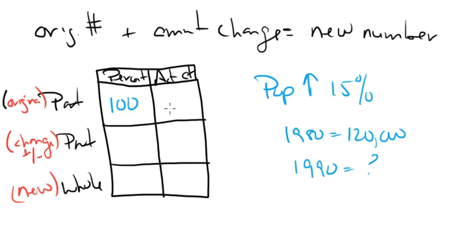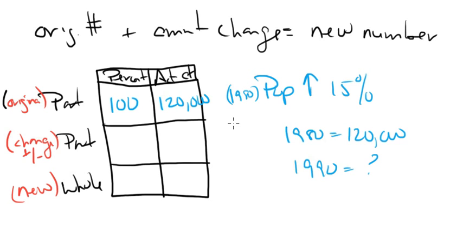But what's our actual count? 120,000, right? Because that was in 1980. 1980 is before 1990, so 1980 has to be the original, because it's the older number. So it's 120,000 in 1980. I can put over here, off to the side, 1980 to remind myself.